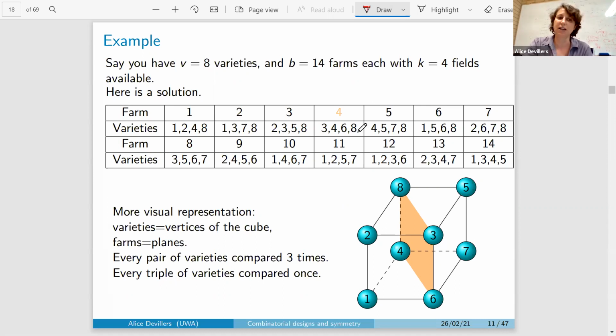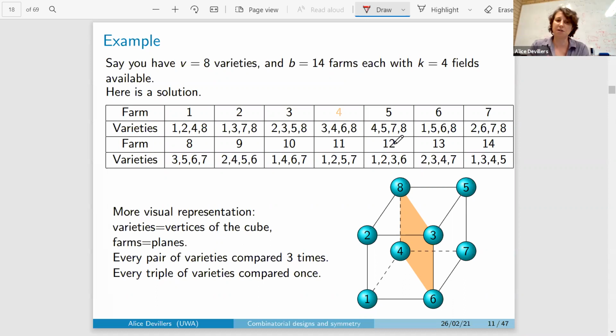So again, you can check that if I take any pair of elements, let's say 1 and 2, they are in exactly 3 of the farms. So this one and this one and this one. So it satisfies the property that I want. Here, if I want a visual representation, I can write the varieties as the vertices of a cube.